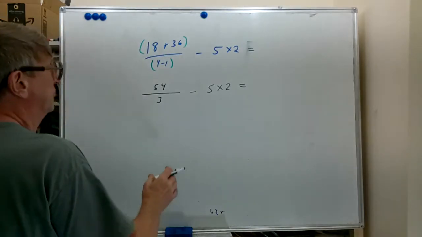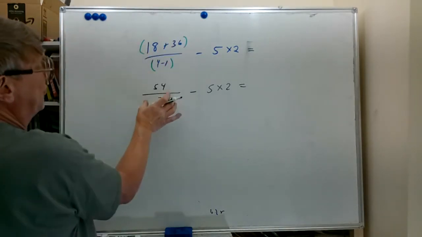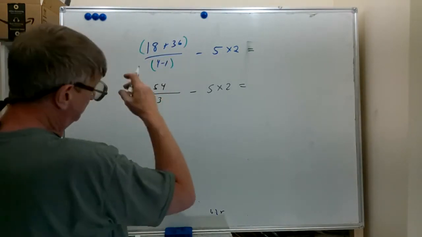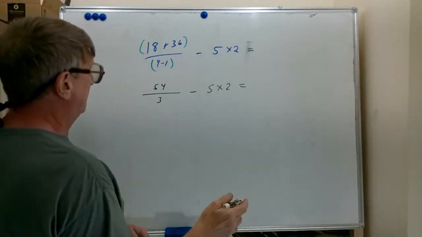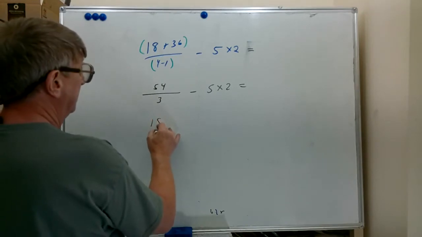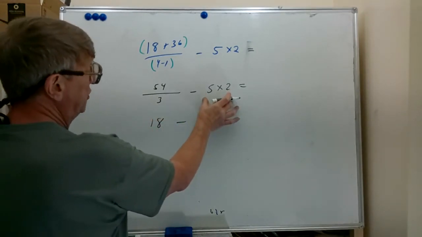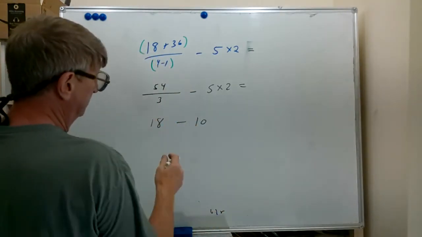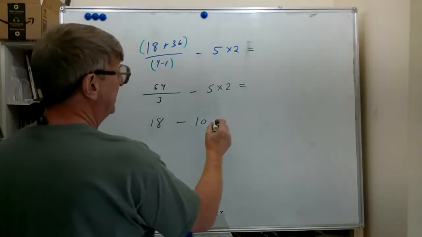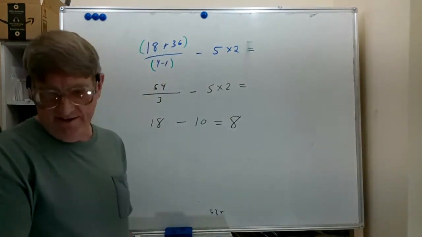Okay. So we just did the parentheses here, right? Now we're going to do our multiplication and division left to right. Here's a division. There's 18. Now the subtraction: we're going to do the multiplication. That's 10. 18 minus 10 gives us 8.